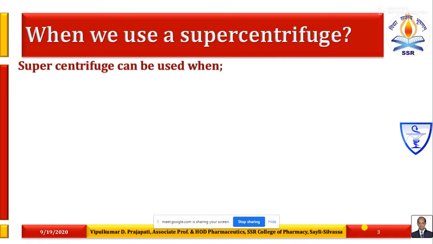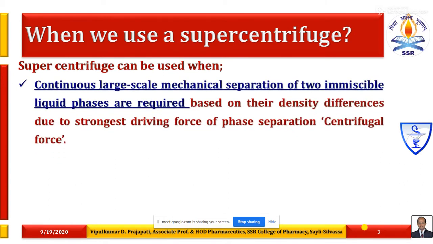A super centrifuge can be used when continuous large-scale mechanical separation of two immiscible liquid phases is required based on their density differences, due to the strongest driving force of phase separation, commonly known as centrifugal force. So when continuous large-scale mechanical separation of two immiscible liquid phases such as an emulsion is required based on their density differences, we have to select these types of centrifuges.